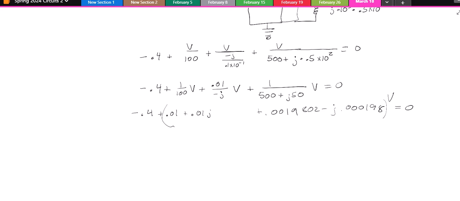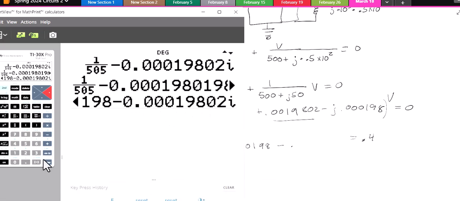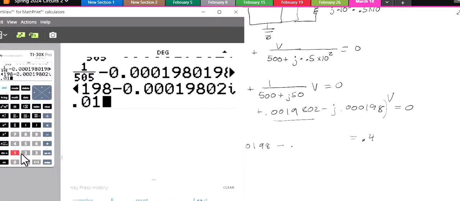Some people might prefer to do this all in phasors. And then, so this would be 0.0198, that's this part and this part, minus, let's see, 0.01 minus 0.000198.